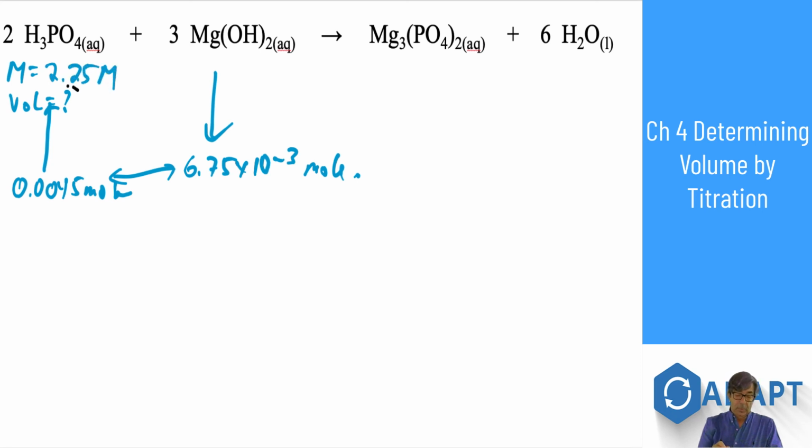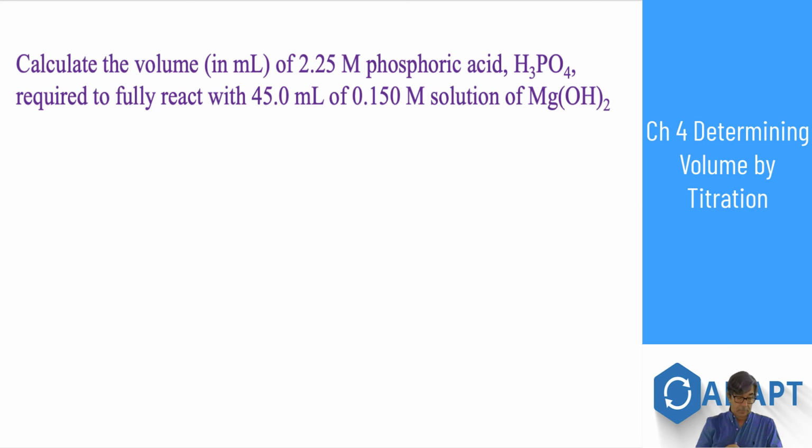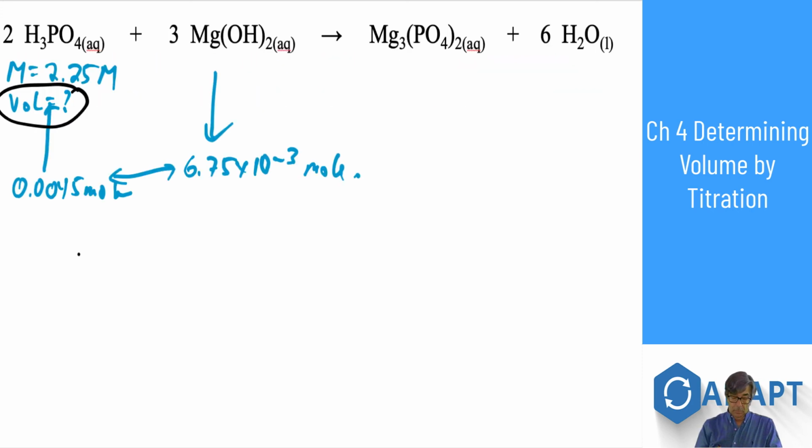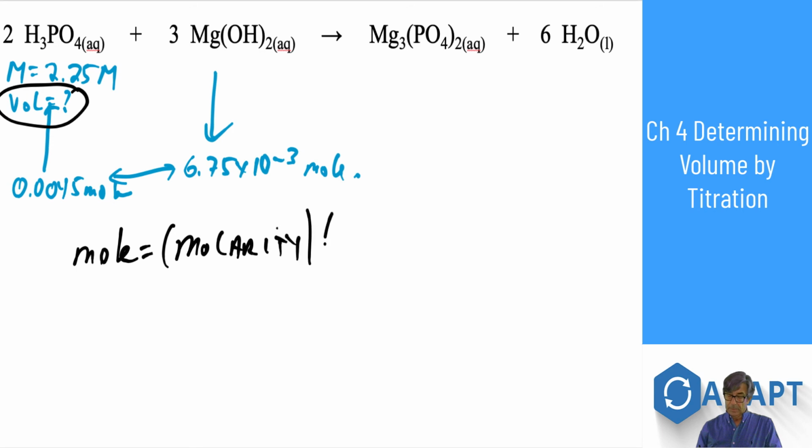All right, so to reach our final answer, once again, we want to recall that relationship in which the moles of an aqueous solution equals the molarity multiplied by its volume in liters. So what we want is the volume in this relationship.